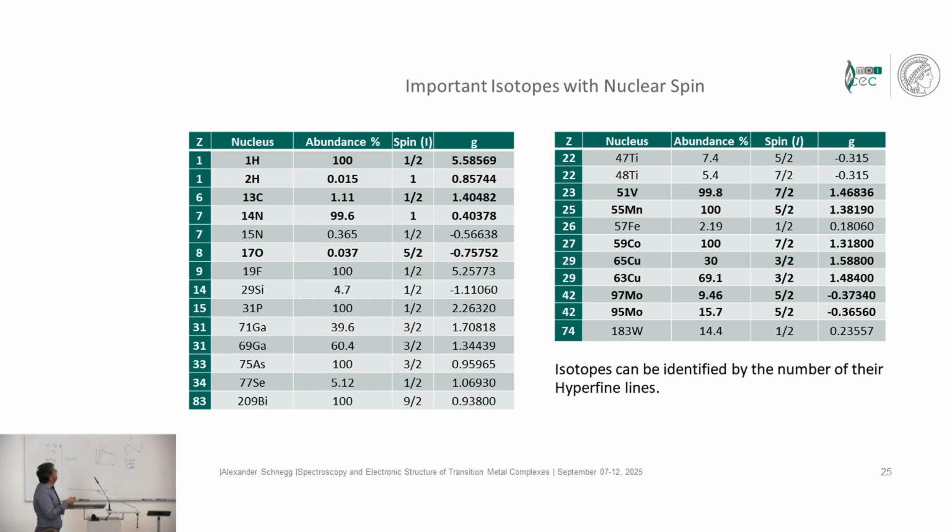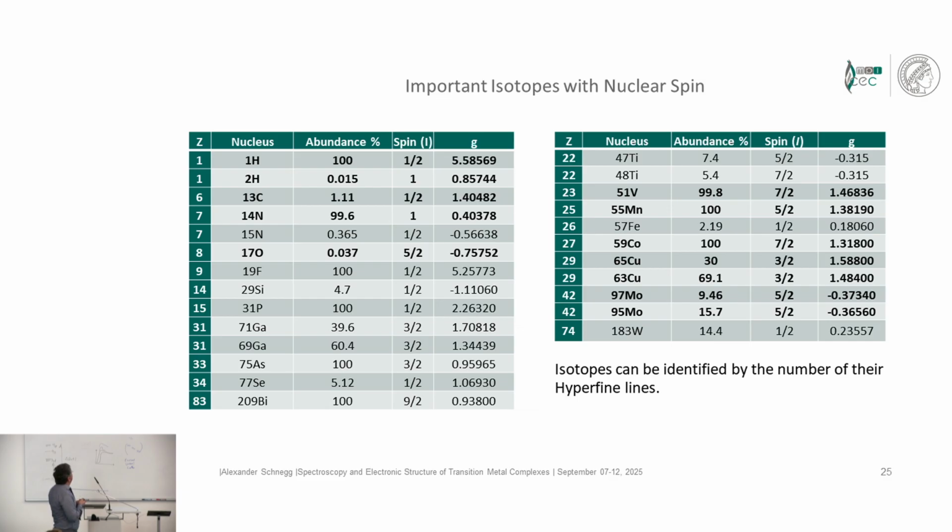Important, there are many different magnetic isotopes. Not all of them are magnetic. Many isotopes have I = 0, but the nuclei which are really abundant, fortunately, have nuclear spins, like, for example, protons. This is the basis for all the MRI imaging. Also deuterium. Carbon, somehow a bit unfortunate, has only a very low abundance of magnetic 13C.